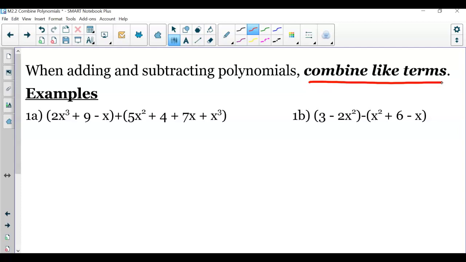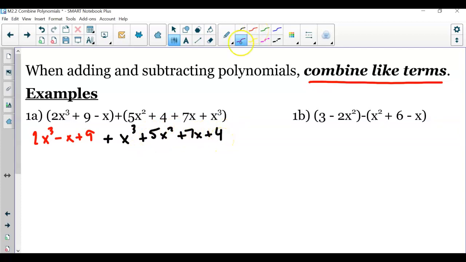So this is 2x to the third power minus x plus 9. Then we're adding to that. I'll write my second polynomial here in standard form: x cubed plus 5x squared plus 7x plus 4.